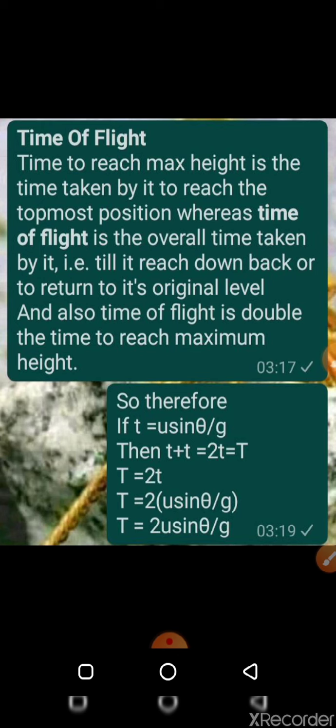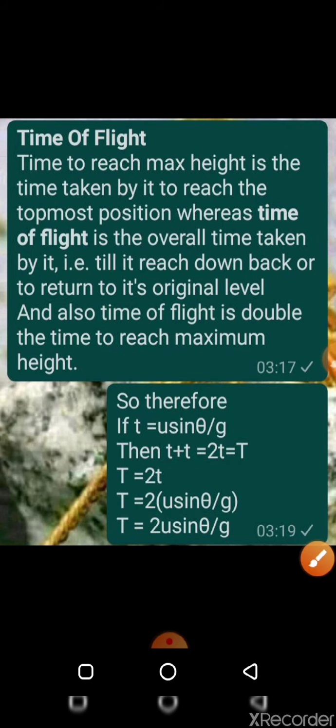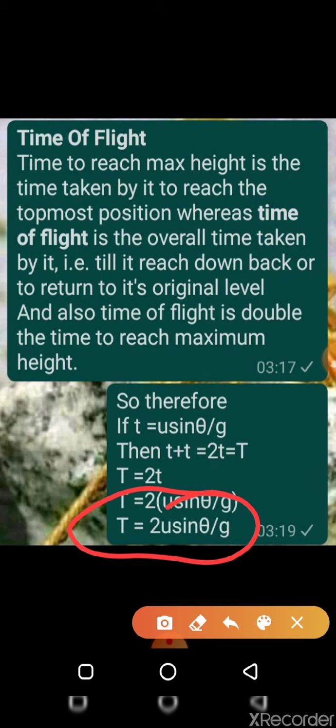Plug back t into the equation. Your small t, which is the time taken to reach the maximum height, is u sine theta over g. So capital T will be equal to 2 into bracket u sine theta over g. So remove the bracket, you have your time of flight equals 2u sine theta over g.